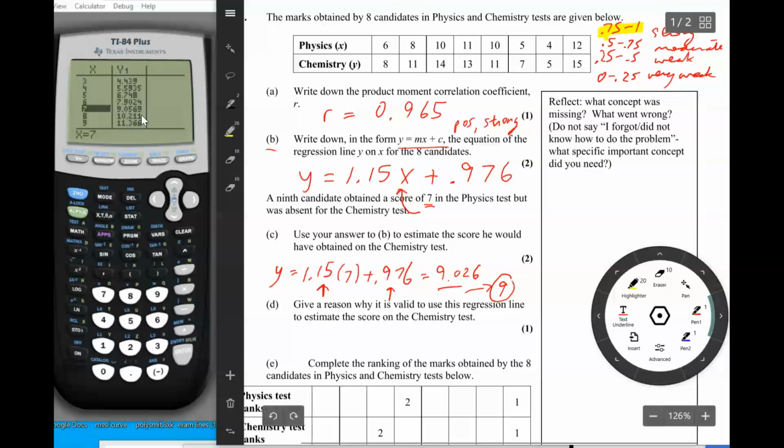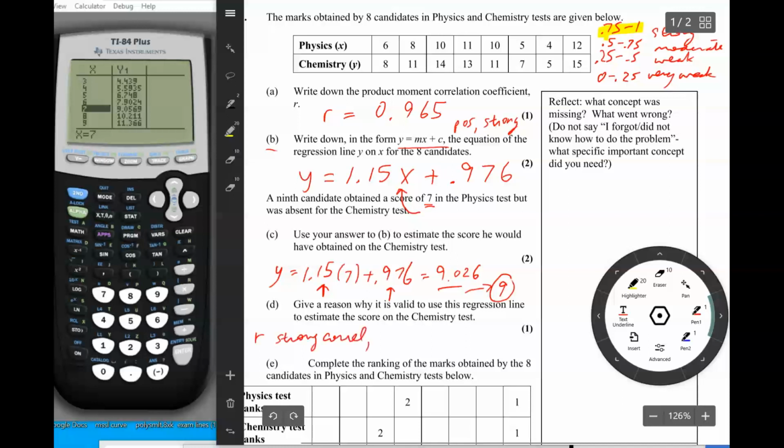Give a reason why it is valid to use this regression line to estimate the score on the chemistry test. Okay, here you're going to look at two things. One thing is you're going to say, I can use this equation to estimate other possible values because, one, the R value is strong. So it's a strong correlation.